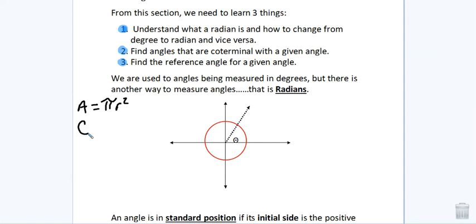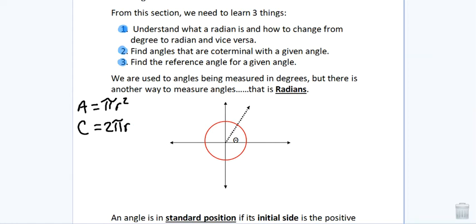We're all thinking circular. Anybody remember the formula for the distance around a circle, which is circumference? Pi times diameter. How many radii are in a diameter? Two. Circumference is given by 2 pi r. Now I want you to understand something. When we start talking about radians, this formula is very unique.